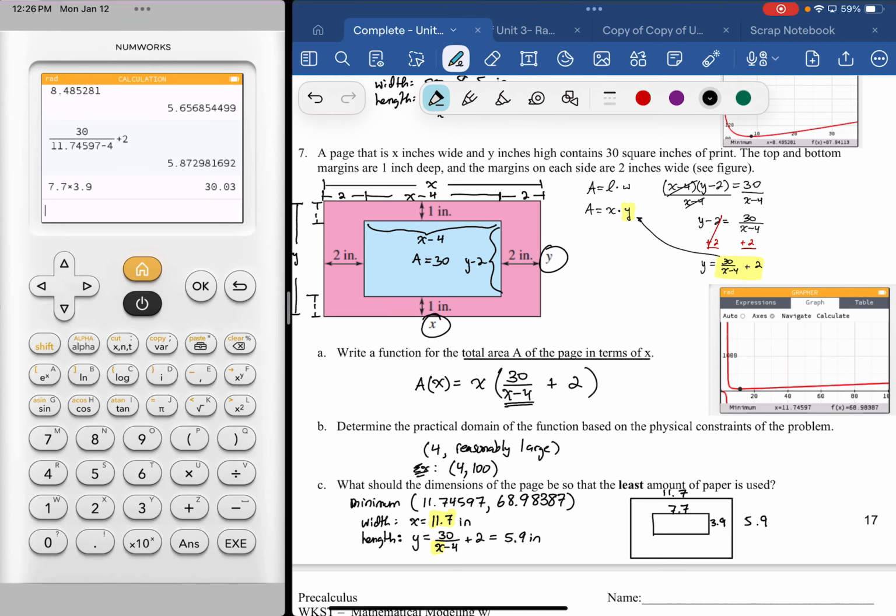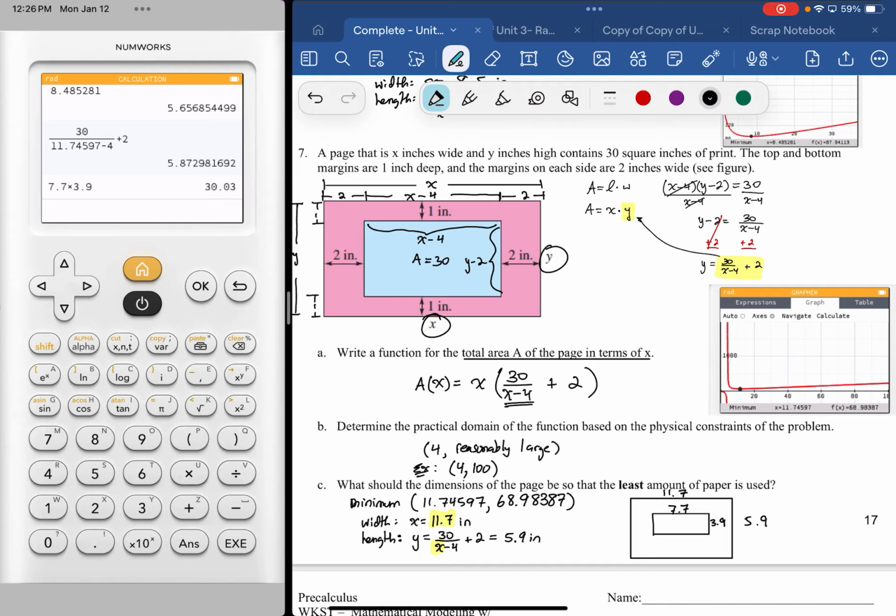Because in order to get full credit on the calculus solution for this, it would probably be another 10 minutes of work. Right, so a good amount of writing, probably like a full page of writing, if you're organized. So the calculator's cutting out a lot of stuff here, so that's good.